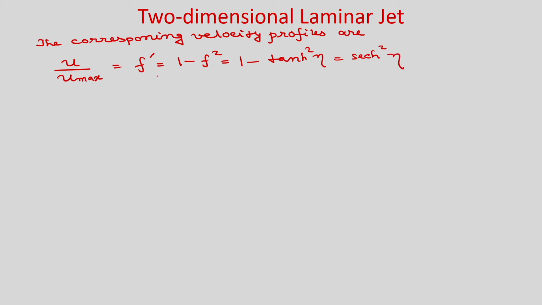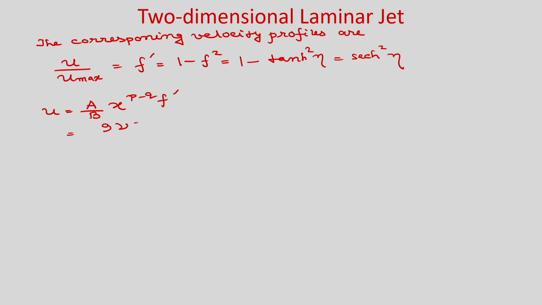You can see that this will give the velocity u, which is a function of x and y. Now, velocity u we have already written as a by b x to the power p minus q f prime, and p, q, a, b values we have already assumed.